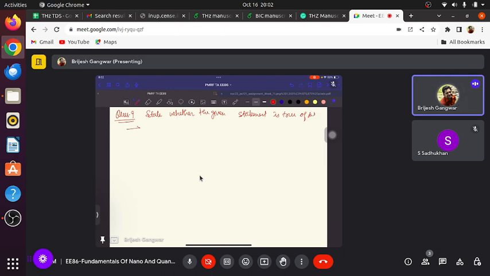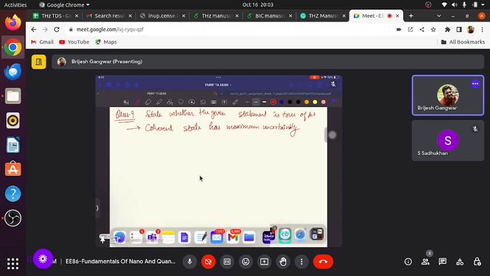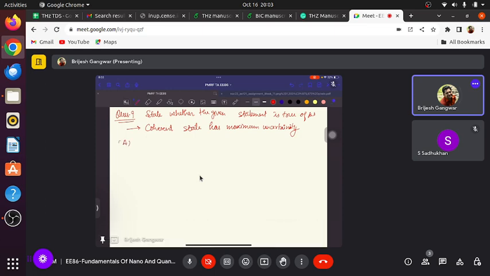So the statement is: coherent state has maximum uncertainty. True or false?